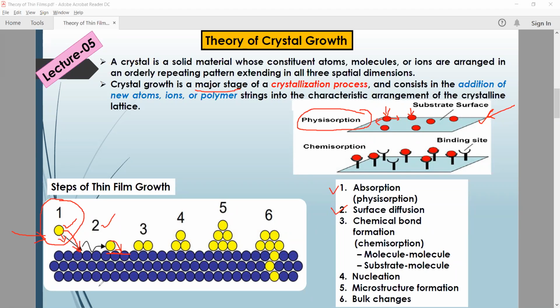Let us consider this is the atom, number one, and if we calculate the diffusion length in this direction or in this direction also, there is one formula to calculate the diffusion length.